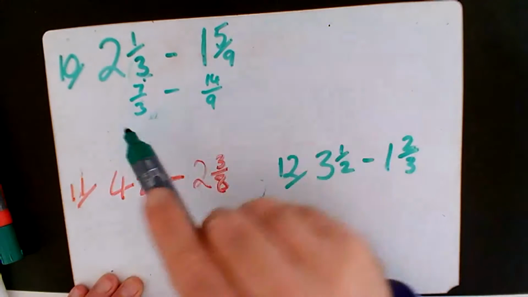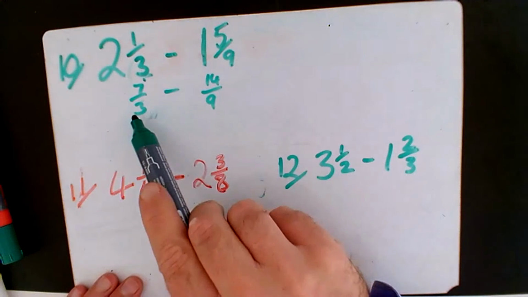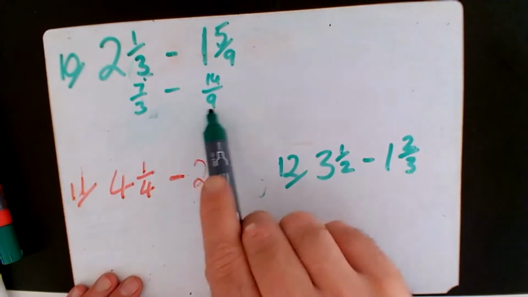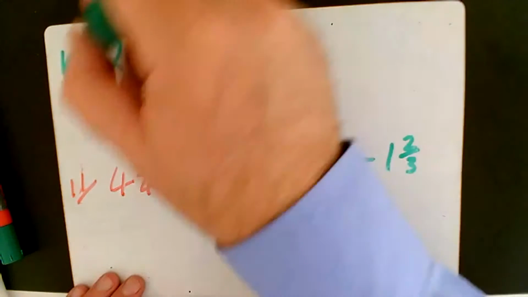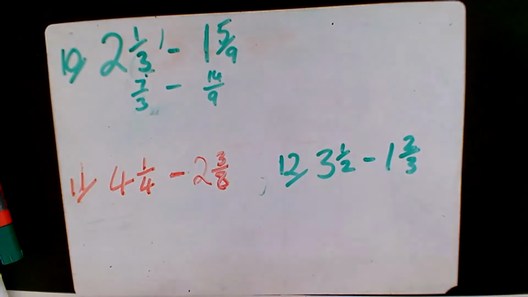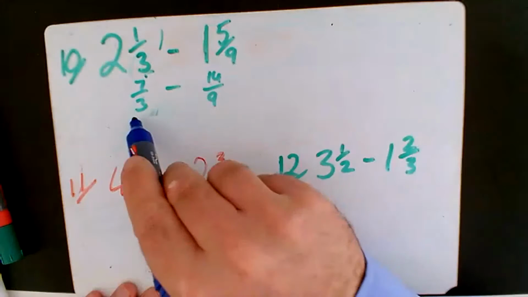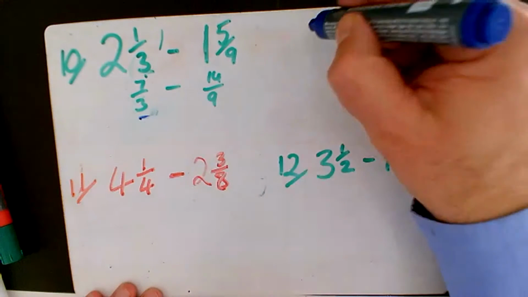Now of course what we've got to remember, from this point we're doing the same as before because we have to put them into the same denominator to make it easy, after we have managed to put it into an improper fraction. So again, we can do that on the side. I can see the 3 does go into 9, so I'm just going to change these thirds to ninths.